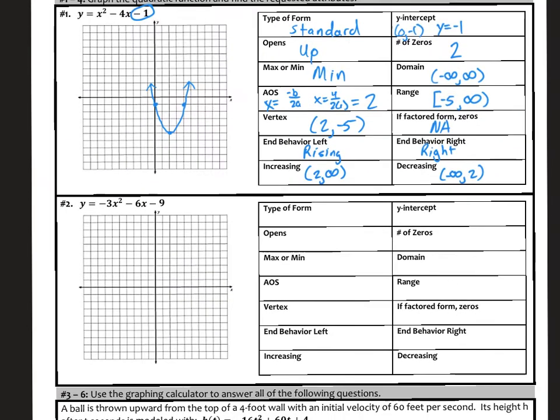All right, moving on to number 2. I'm going to take a minute to type that in my calculator. Y equals negative 3x squared minus 6x minus 9.